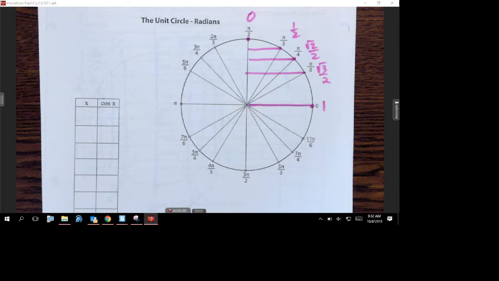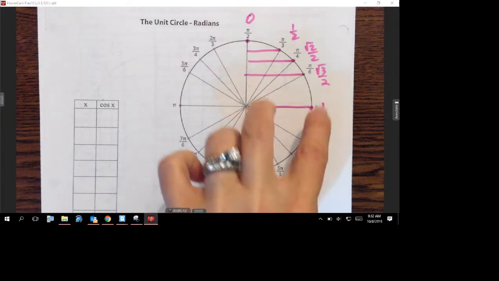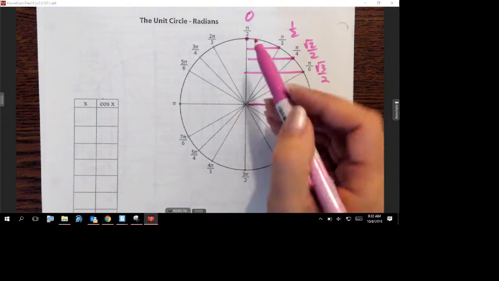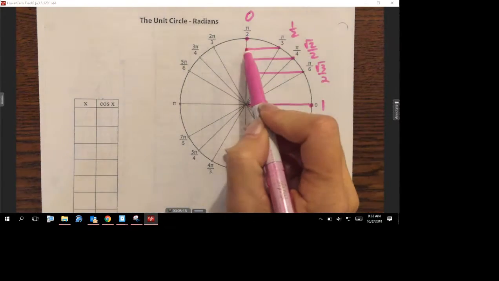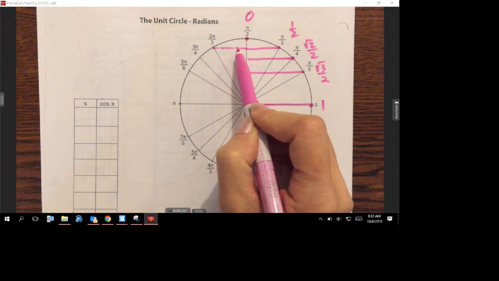So what's happening to my x values as the angle gets bigger? They're decreasing. They're getting shorter until we get to 0. And then what happens after we go to 0? We go to 2 pi over 3. What happens to my x value now?